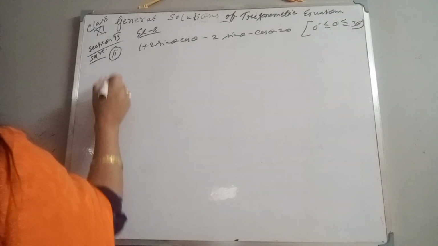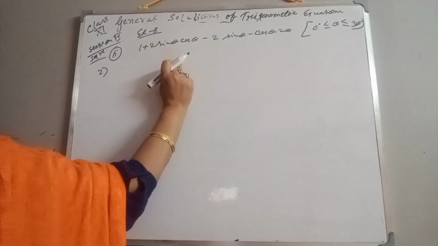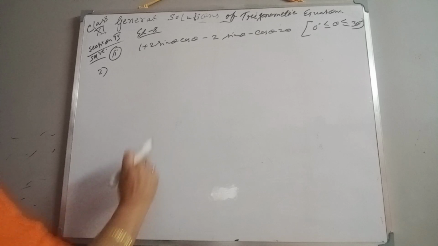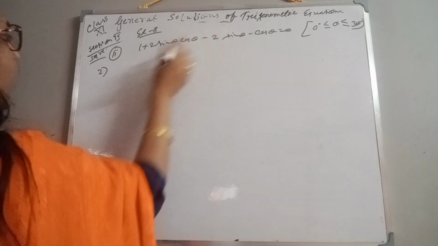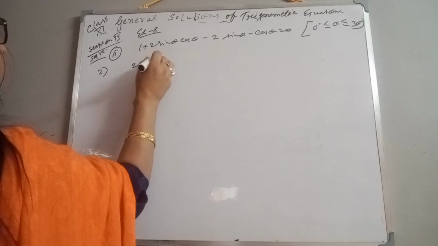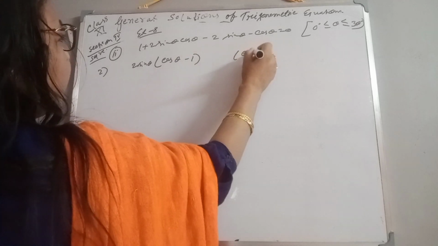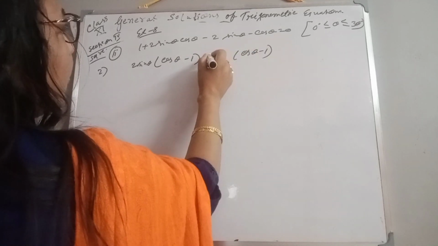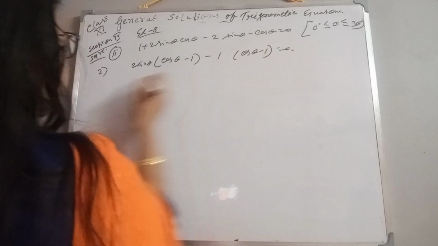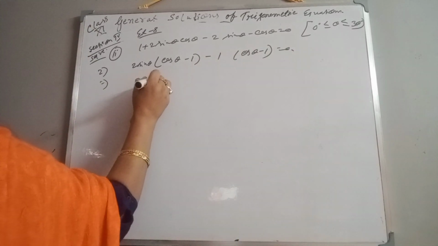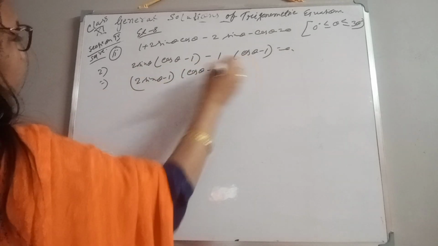So same as before, we take 2 sin theta common from 2 sin theta cos theta minus 2 sin theta, which leaves cos theta minus 1, and here also we can write cos theta minus 1. So what we will get? We will get 2 sin theta minus 1 into cos theta minus 1 equal to 0.